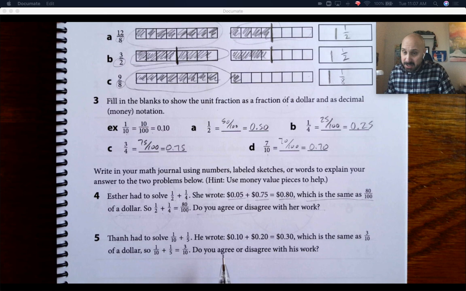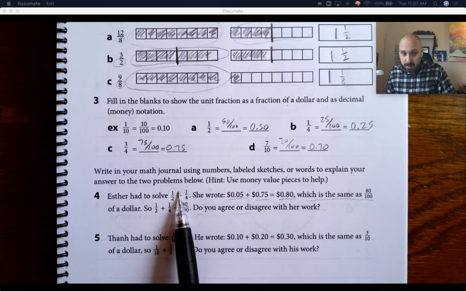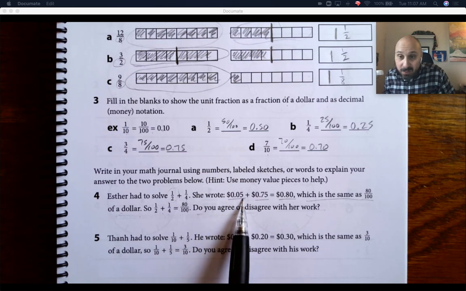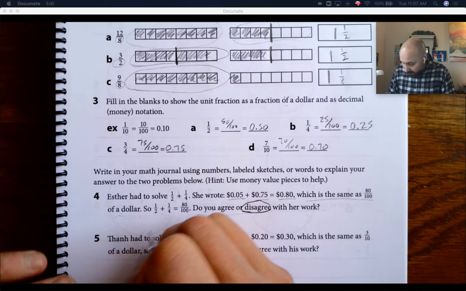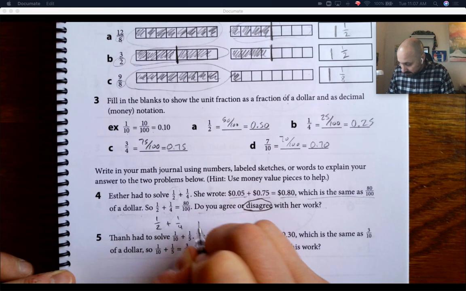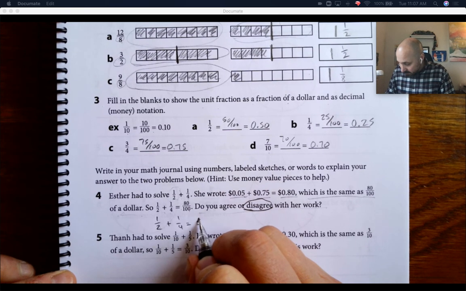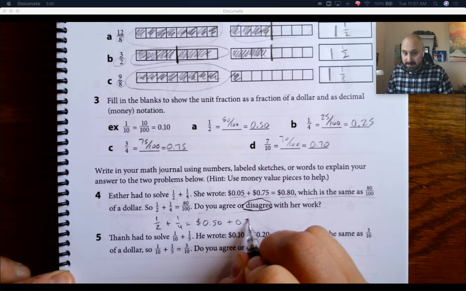Well, I already noticed something that she did wrong, right? Because I know that half is really equal to 50 cents or 50 hundredths. And she wrote 5 hundredths or 5 cents. So I'm going to have to disagree with her on that one. And I'm going to say, I can write it right in here. 1/2 plus 1/4 is the same as 50 cents plus 75 cents.